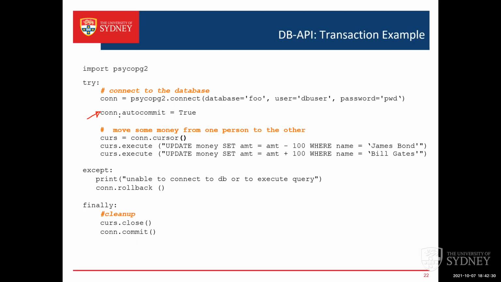This is an attribute: con.autocommit equal to true or equal to false. That will set auto commit either on or off, and rollback and commit are there, right? So the only change is that this has become an attribute instead of a method in Python.